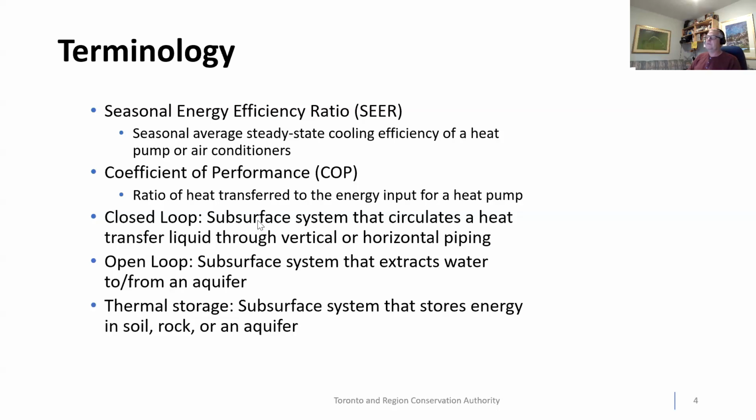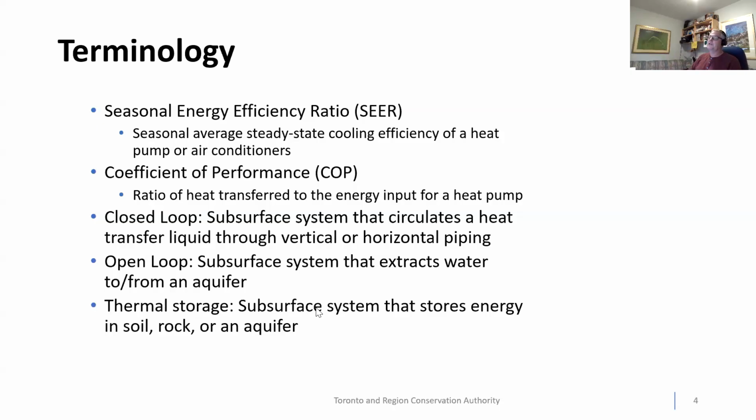Open loop involves the extraction of water to and from an aquifer. So essentially you take it from the aquifer and then you put it back after putting it through the heat exchanger. And thermal storage specifically involves storing that thermal energy. As you can appreciate, after the groundwater goes through a heat exchanger, it comes out a different temperature than what it came in at.